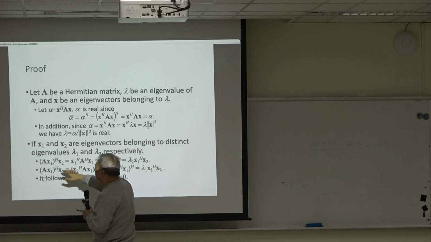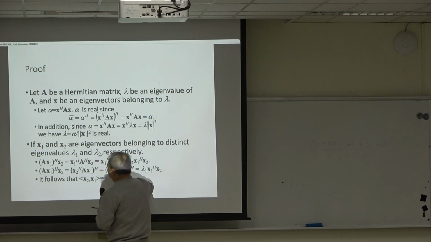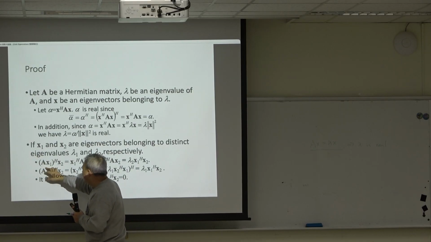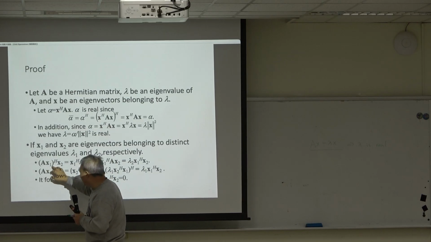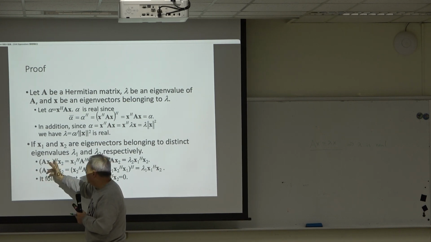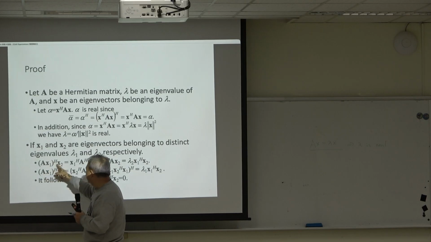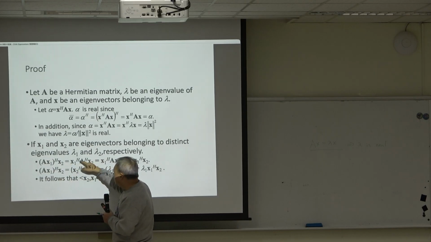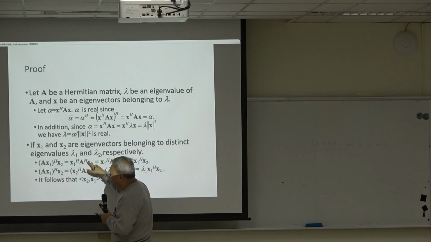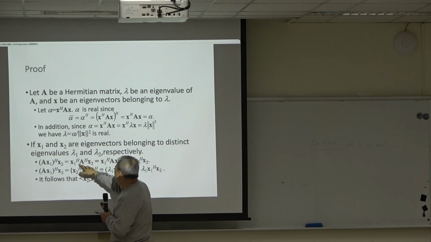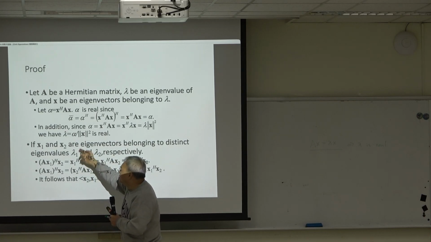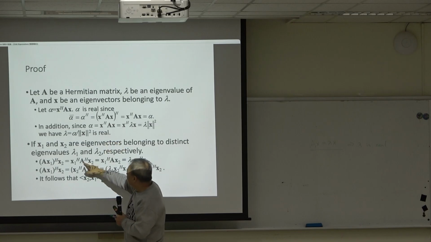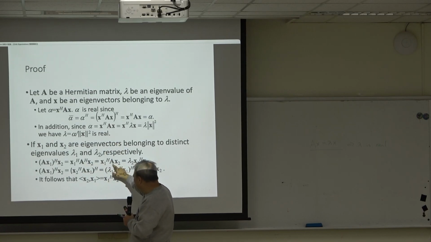So we consider (Ax1)^H x2. If you apply Hermitian in here, it's going to be x1^H A^H x2. A^H equals A because we know A is a Hermitian matrix. So this one will be x1^H A x2.